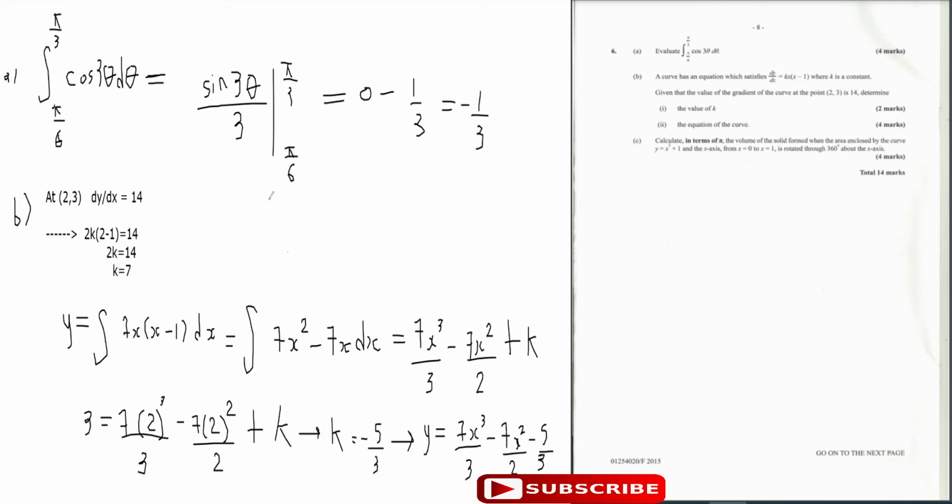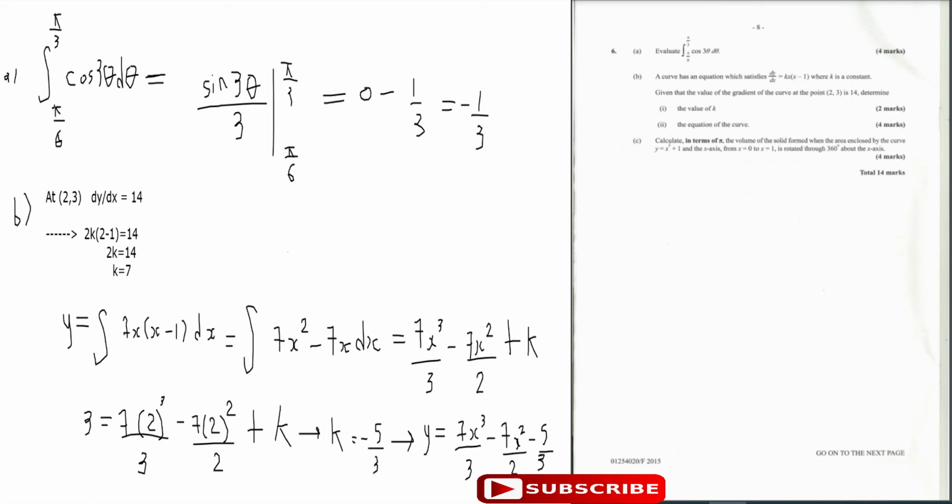Just to check that when you plug in x as 2, we need to get back y as 3. So let's just check it again. Right here, if we were to plug in x as 2 in this equation, would we get y as 3? 7 times 2 cubed divided by 3 minus 7 times 2 squared over 2 minus 5 over 3.